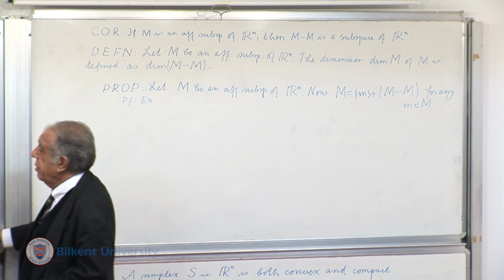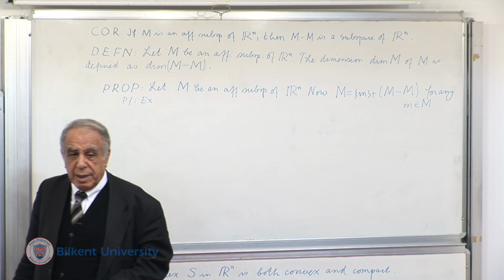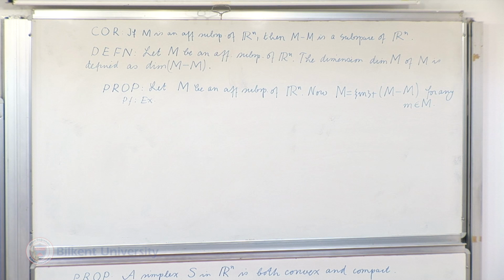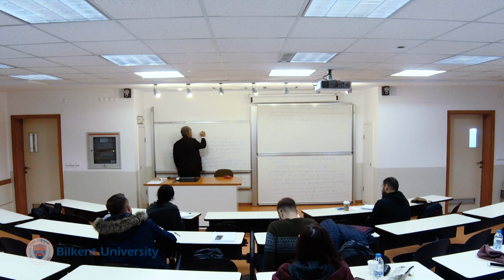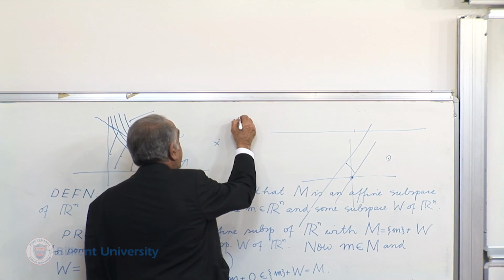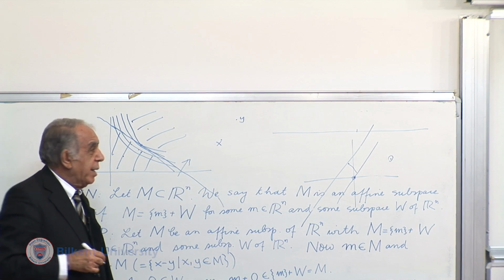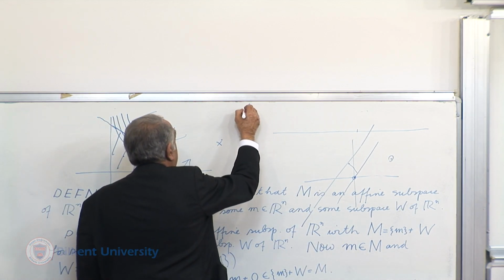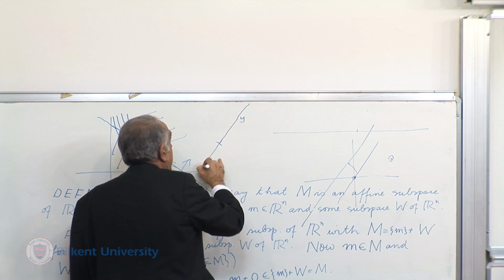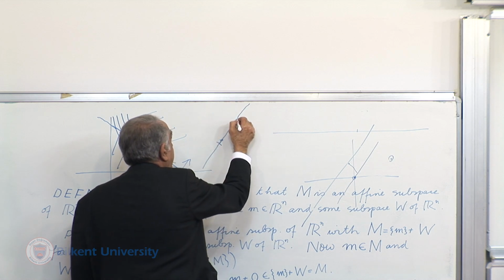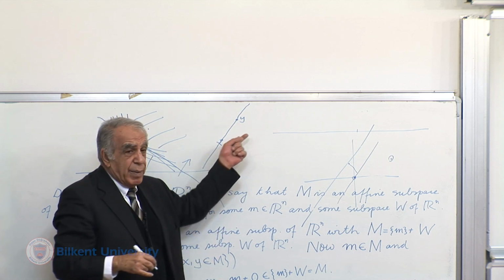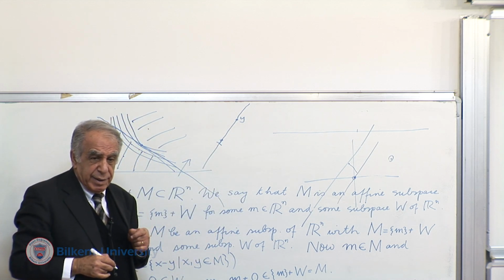Now, when we talk of points, lines, planes, then let's go back to analytic geometry and try to remember what's going on there. If you have two points x, y in R2, say, there is a unique line passing through them if x and y are different.